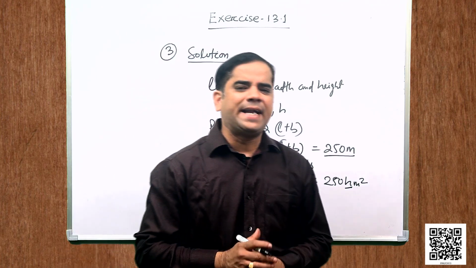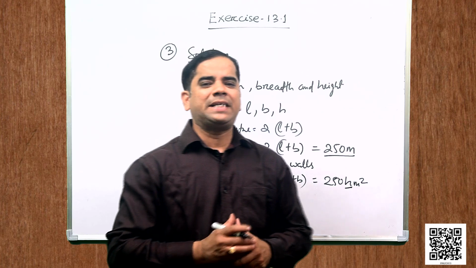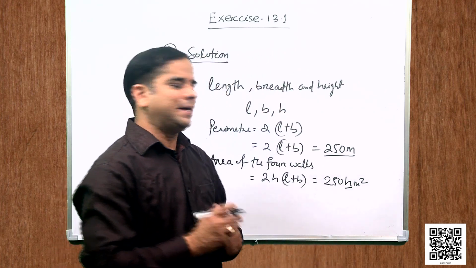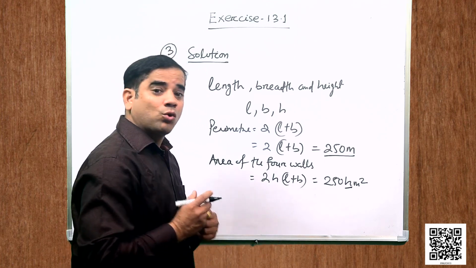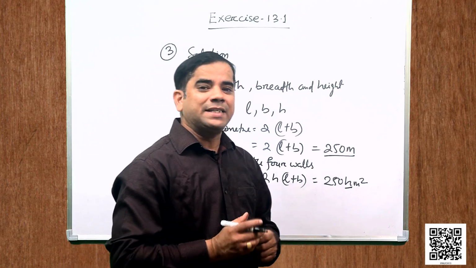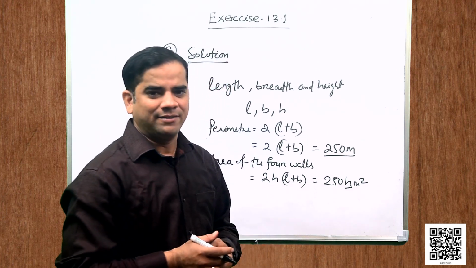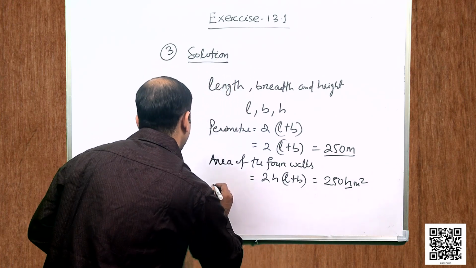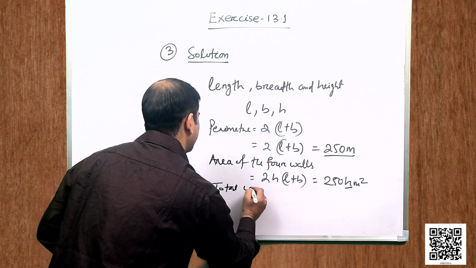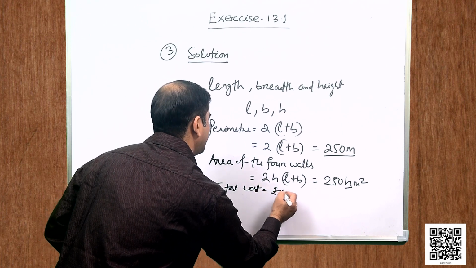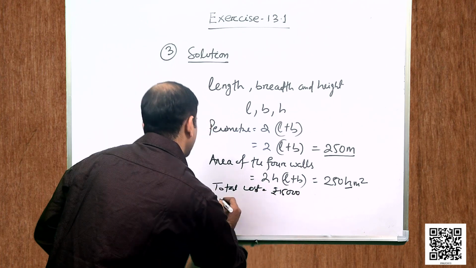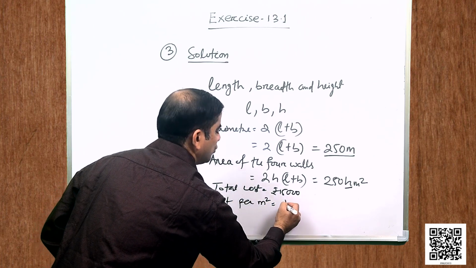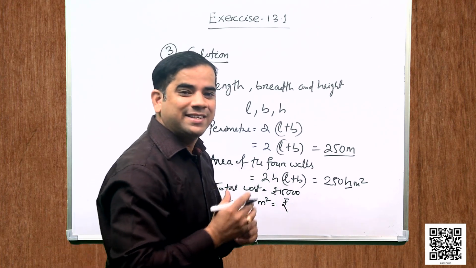Now the cost of painting the four walls is rupees 10 per meter square, and the total is rupees 15,000. That means total cost is rupees 15,000, and cost per meter square is rupees 10.